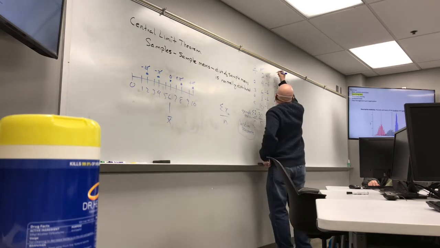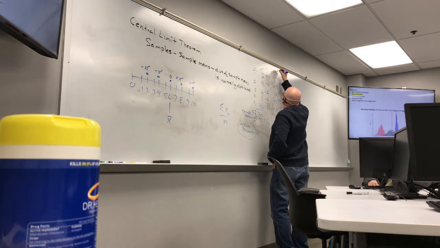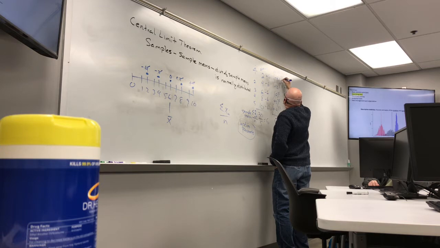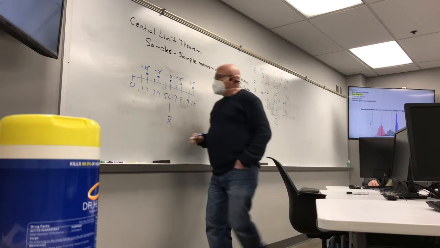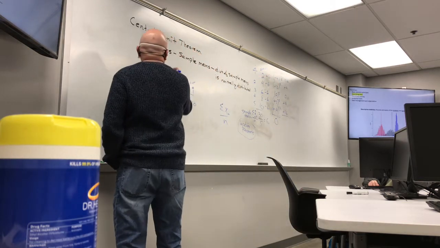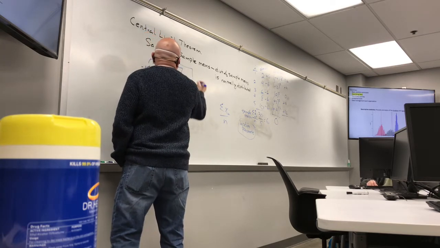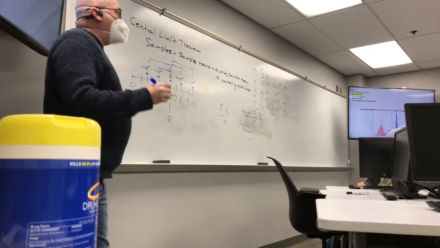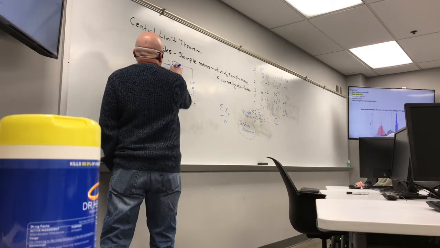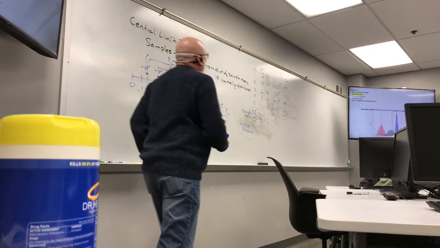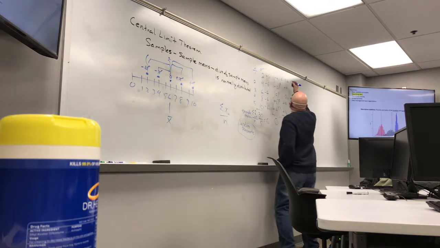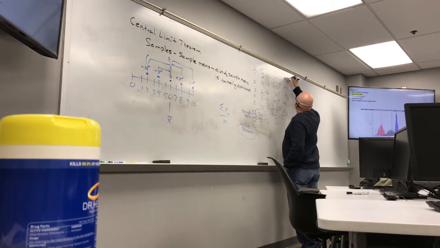This was the deviation from the mean, deviation from the mean, deviation from the mean, deviation from the mean. Now we've taken those deviations and we've squared them. This then is the squared deviation from the mean.